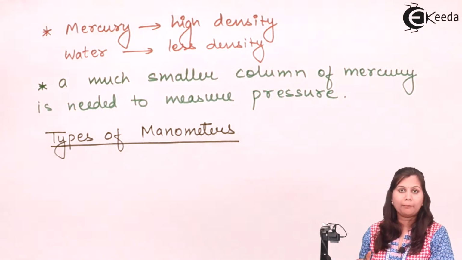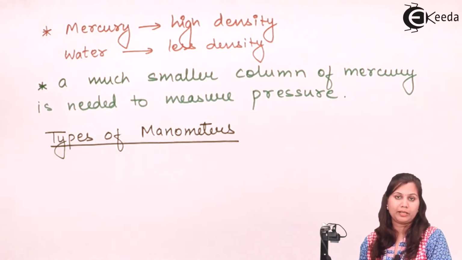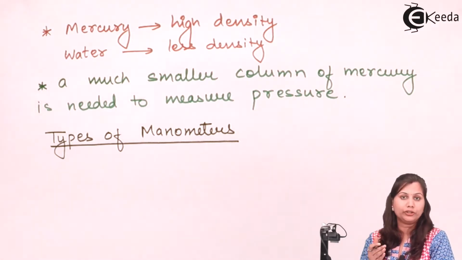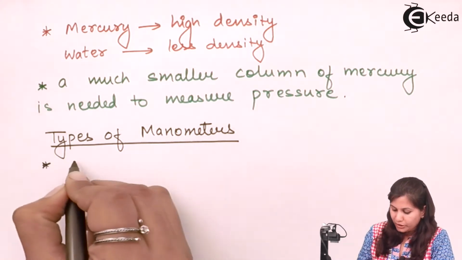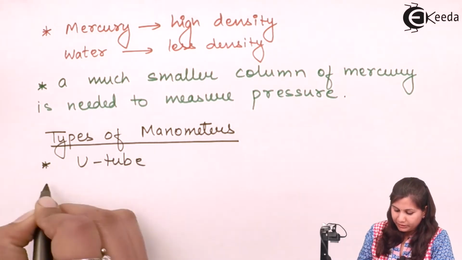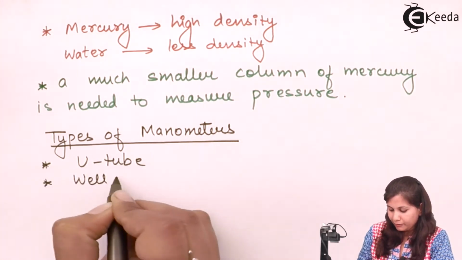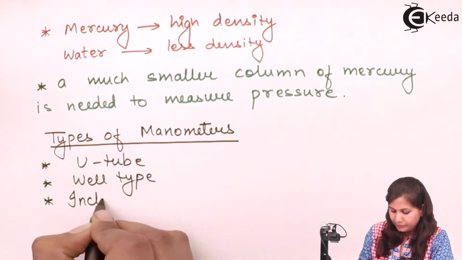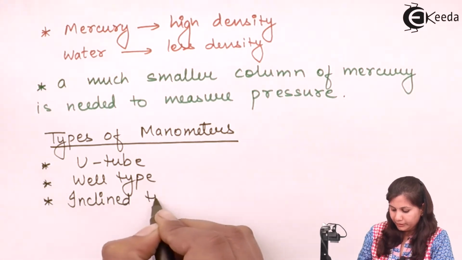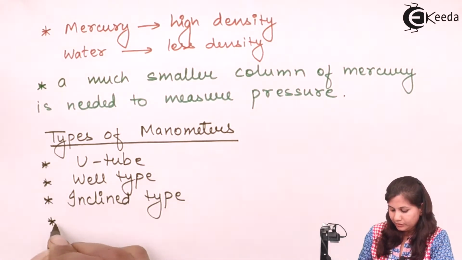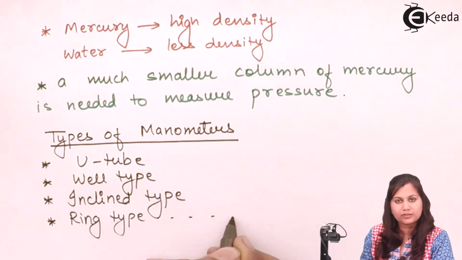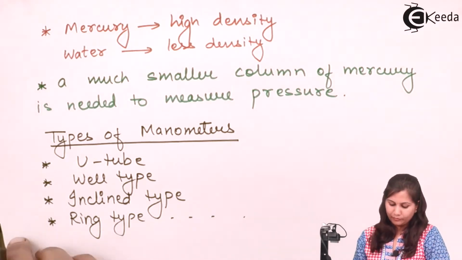Depending upon the method used for the measurement of pressure, and depending upon the inclination or shape of the tube, there are different types of manometers. There are several other types of manometers also available.